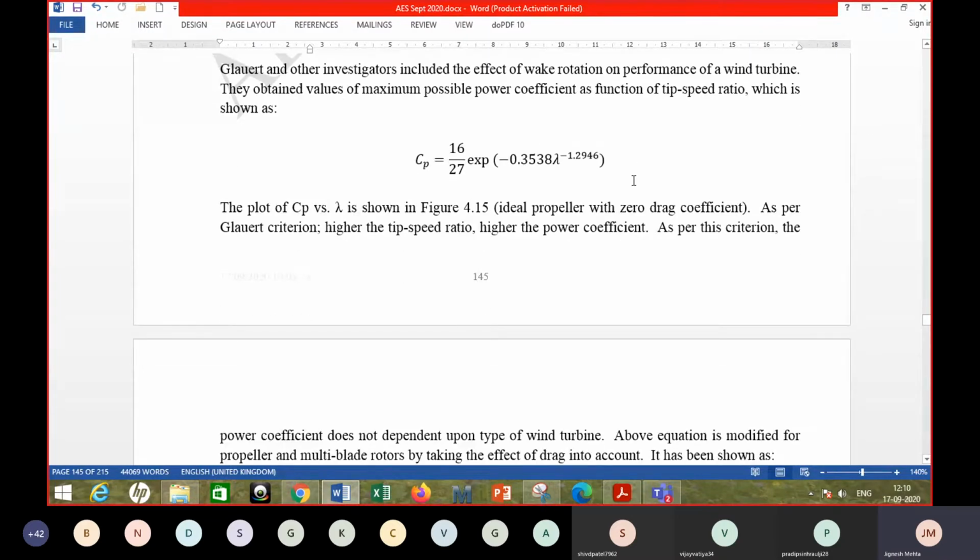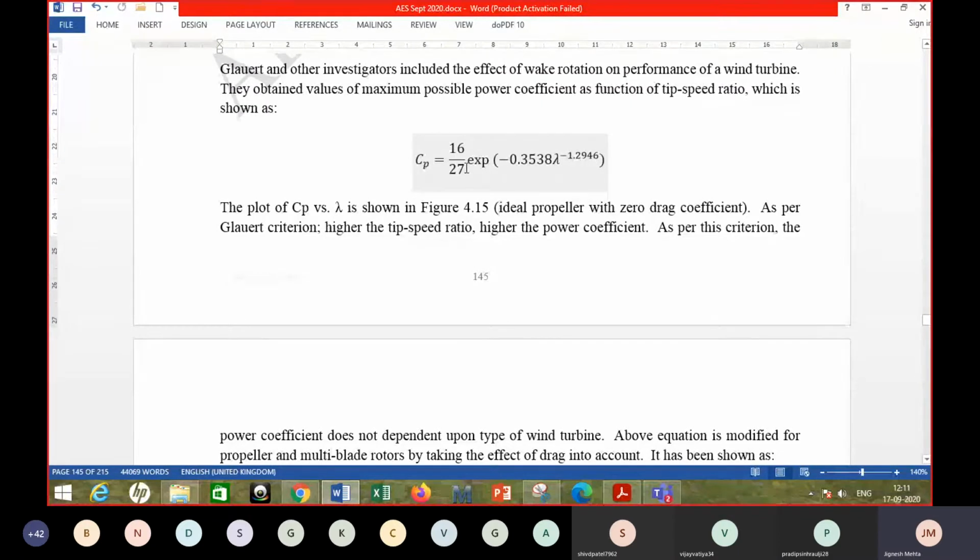So Cp, the coefficient of power, is equal to 16 by 27 into exponential of minus 3.538 lambda raised to minus 1.2946. Right? You don't need to remember the formula, but just understand the meaning conveyed by it, or the significance of the various terms in it.